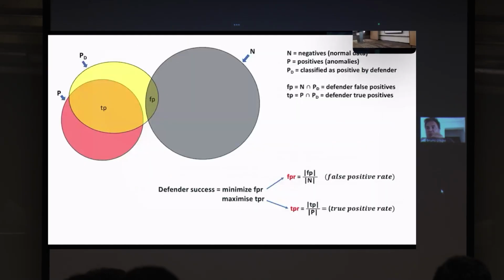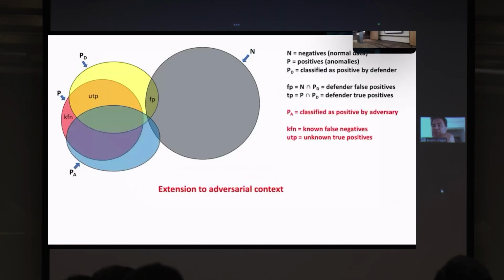So let me try to explain what we propose. Now, let's go back to the matrix that we introduced. As we said, we have negatives, positives, and then we have the positives according to the defender. Now, the attacker builds his own classifier.